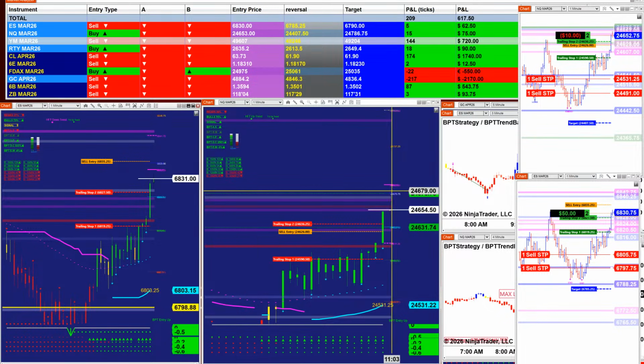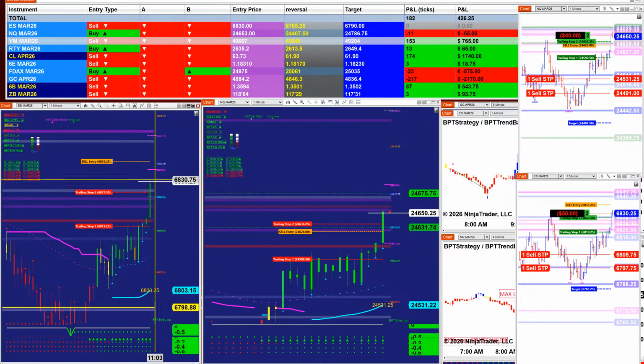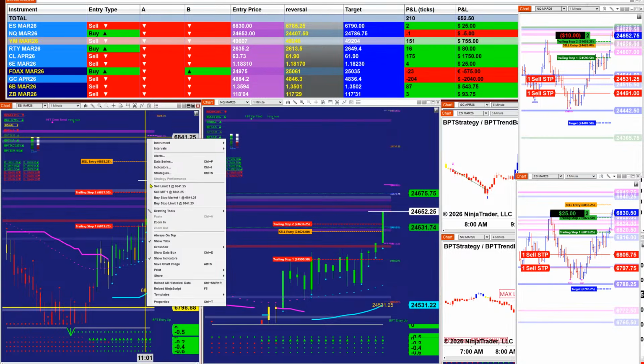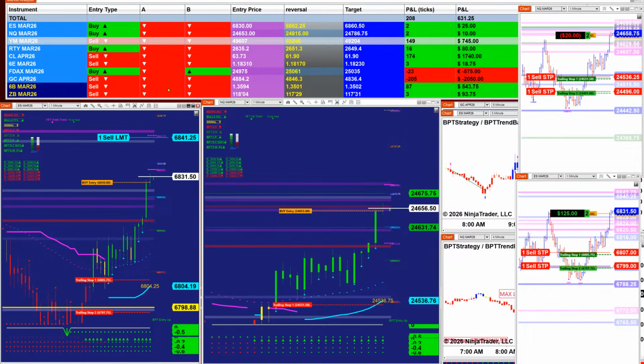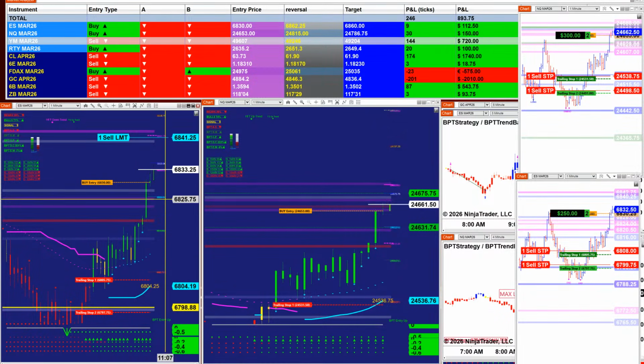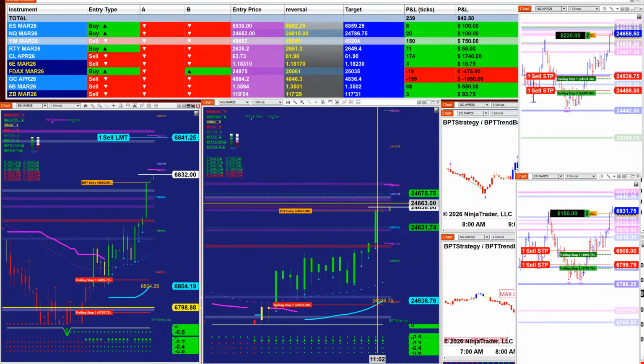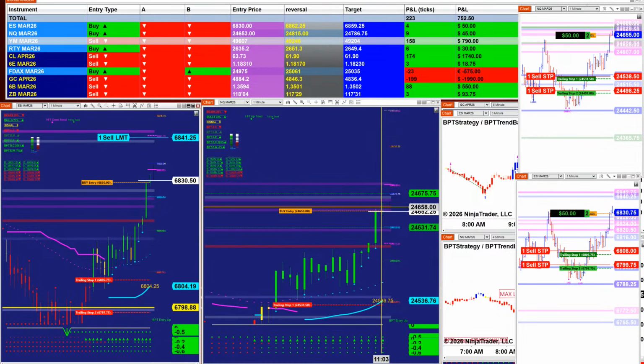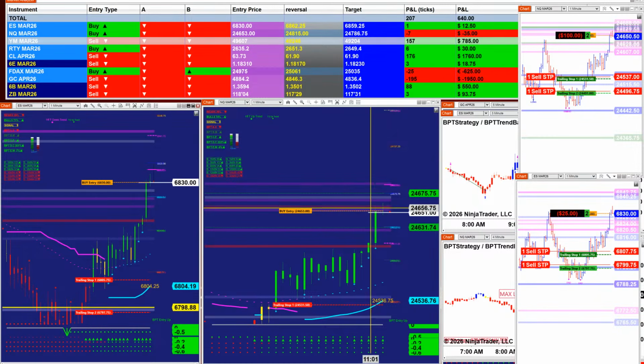If the Nasdaq is able to break this area, the ES is going to be at this level immediately, at this level here. If the Nasdaq is not able to break this level, it's going to bring the ES down with it. So it has to be both in the same direction, whether you are trading the Nasdaq or the ES.